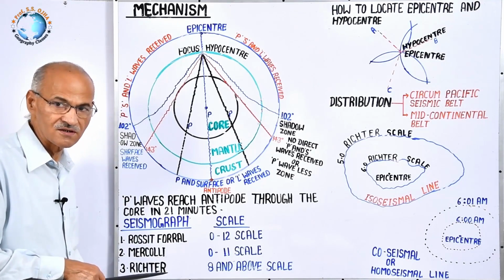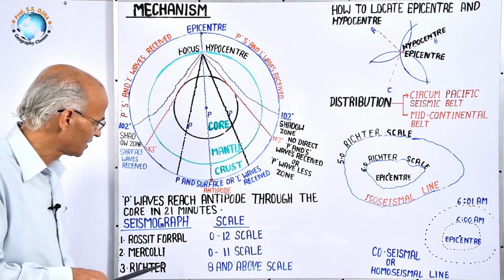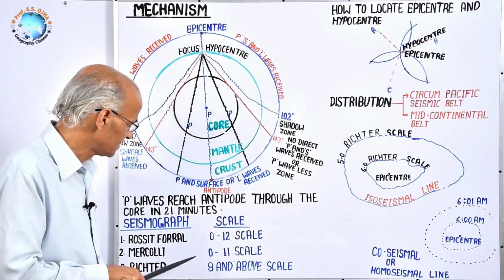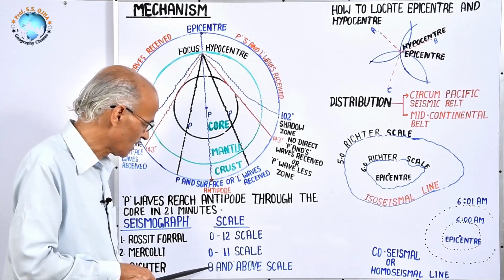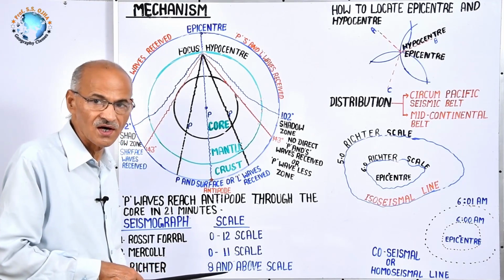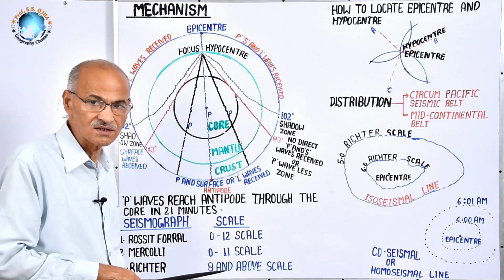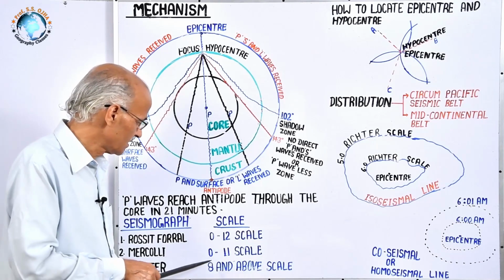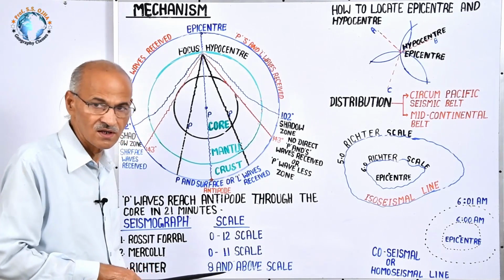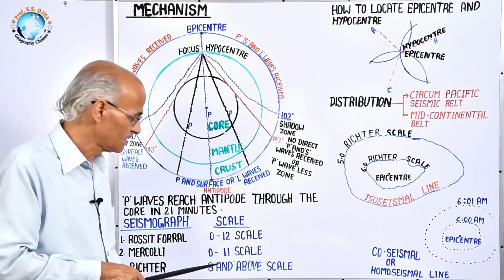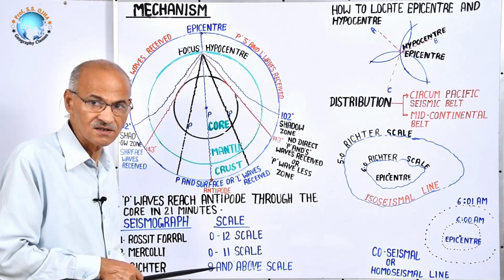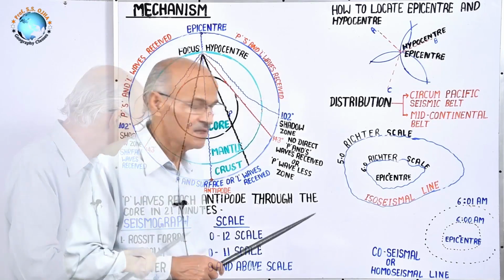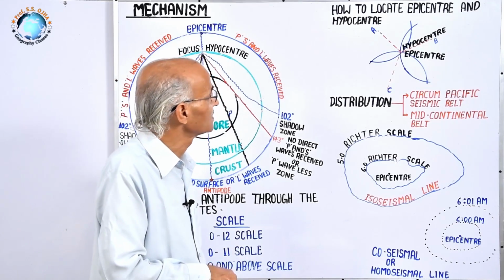Today, it is in practice all over the world and its range is 0 to 8 and above, while above 8 all the physical and cultural landscapes are destroyed. They cannot be identified, and up to 6 and 7 disaster starts. So these are the three seismographic scales.